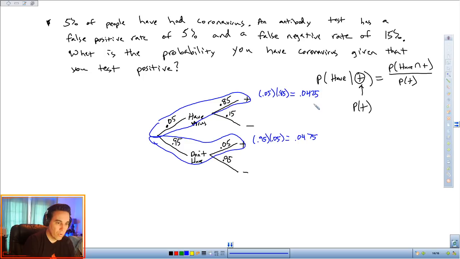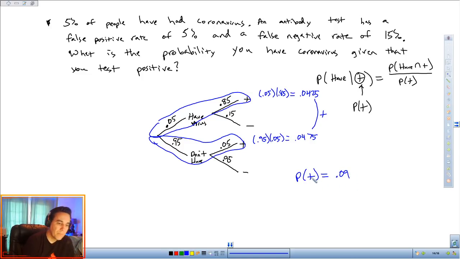So our total positive tests are those two added together. So the probability of just getting a plain old positive test are those two together. Wow, which is higher than I would have thought. So, wow, it's 0.09. Look at these beautiful numbers I made.